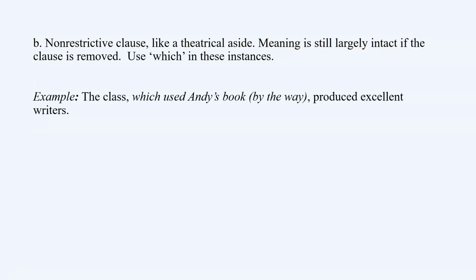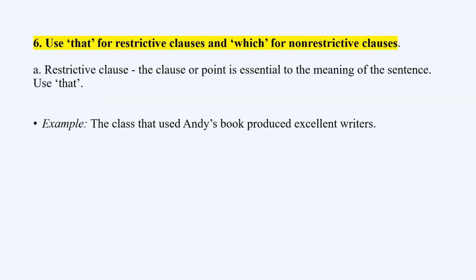A non-restrictive clause is kind of like a theatrical aside. You don't really need it there, but it adds dimension to the idea. The meaning would still be largely intact if we pull the clause out. We use which in these instances. The class, which used Andy's book by the way, produced excellent writers. The class produced excellent writers. It still makes sense.